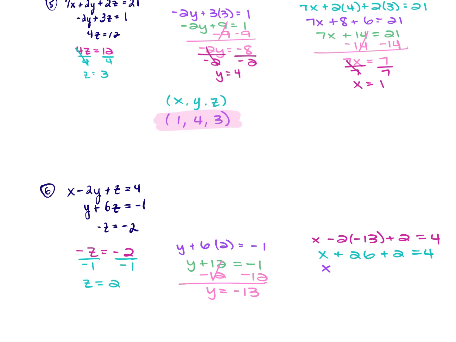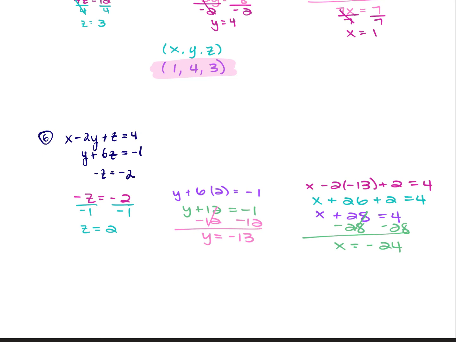That's 28. x plus 28 is equal to 4. Subtract the 28 over, and you have that x is negative 24. So again, if we're plugging this into the order of x, comma, y, comma, z, that's going to give you negative 24, comma, negative 13, comma, 2.